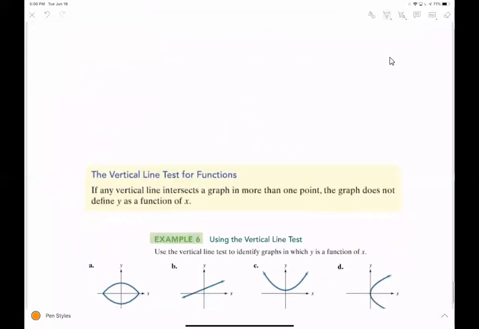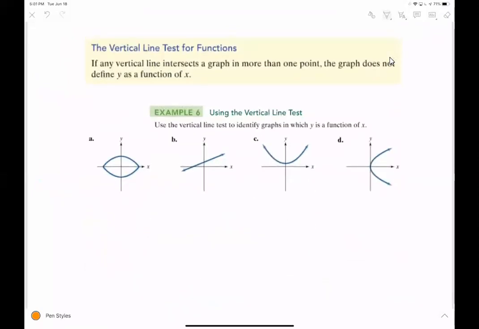The last thing we will do is determine whether a graph is a function. So if we don't have ordered pairs or an equation, we can look at the graph and determine if it's a function using the vertical line test.